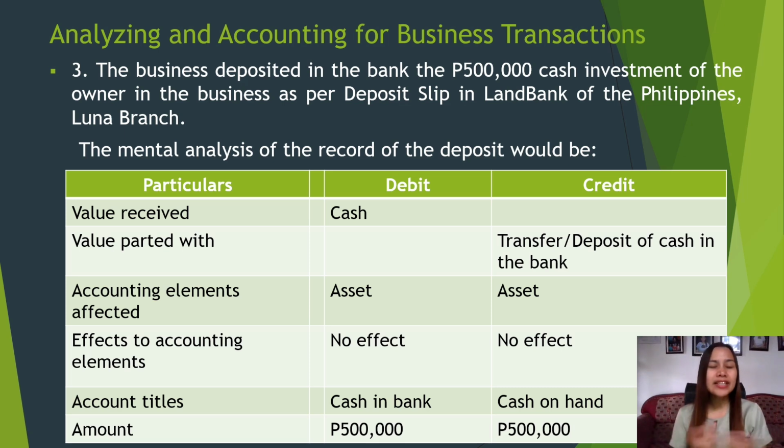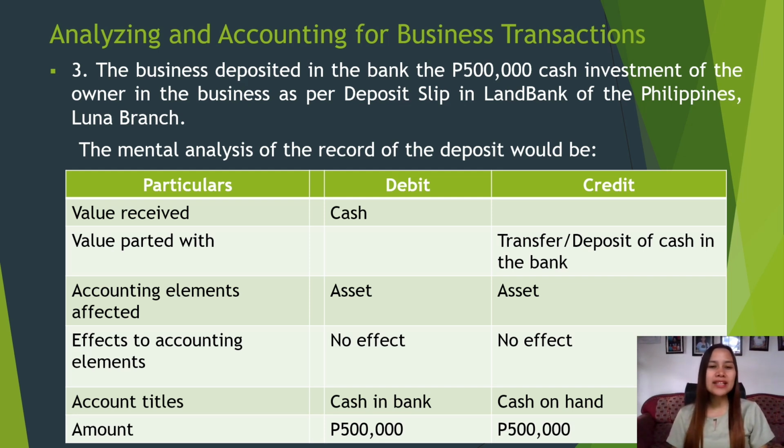Why? Generally, there is no effect in cash because it's just a matter of transfer or deposit of cash to the bank. But for the purpose of classification of cash and for easy identification, cash in the custody of the entity is classified as cash on hand, while cash in the custody of the bank is classified as cash in bank.